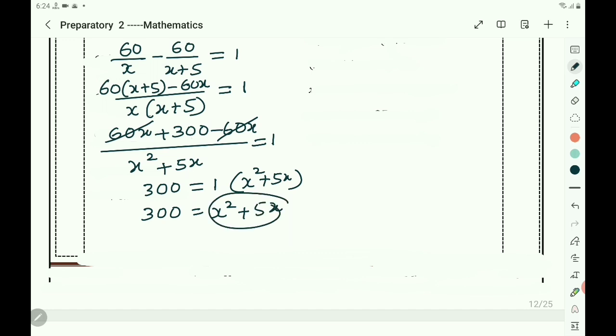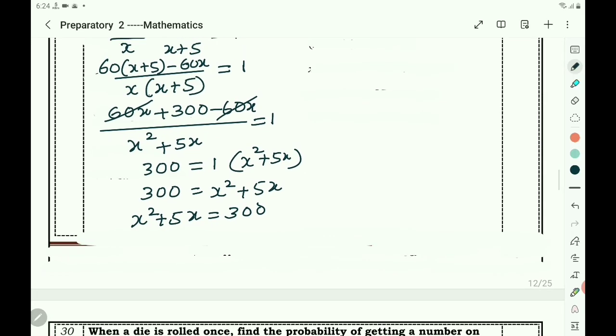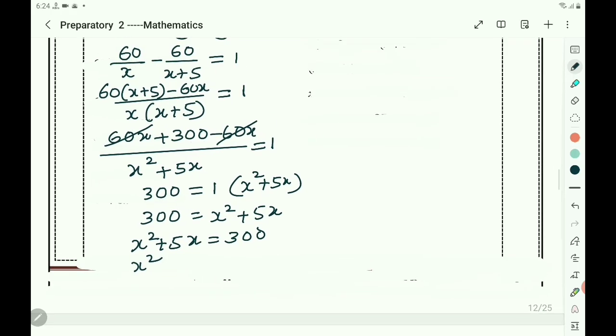Now you interchange LHS and RHS. x square plus 5x equals 300. Then transfer this 300 to the LHS. It becomes minus 300 equals 0. Then you take the sum and product and split the middle term of this LHS.